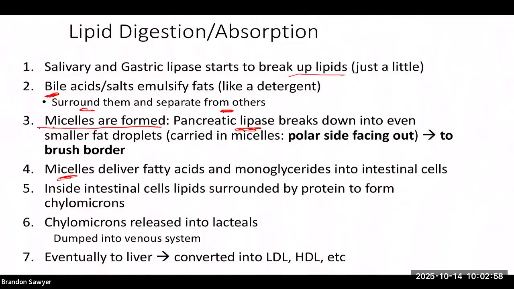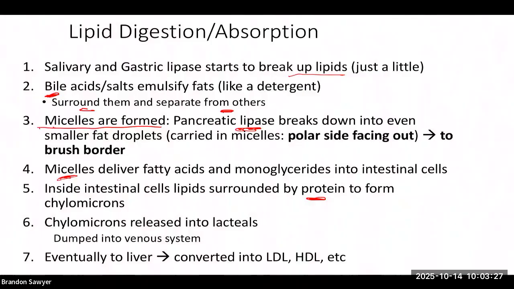So then the micelles are dropping off these fatty acids and monoglycerides into our intestinal cells. Okay, so then we finally got out of the GI tract into the intestinal cells. Then inside the intestinal cells, we add a little bit more of a carrier mechanism: the cells surround the fats with proteins, and this forms our first lipoprotein, right?